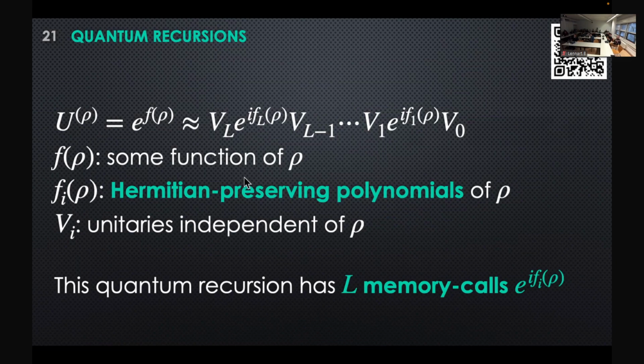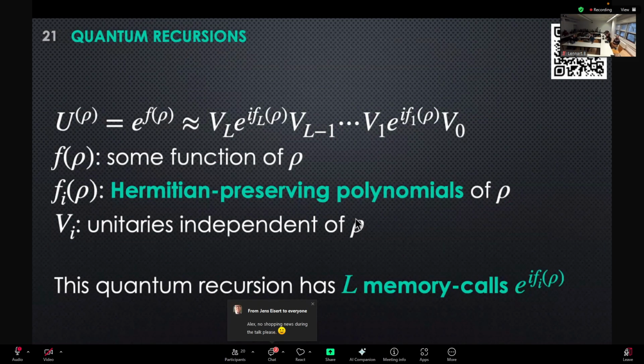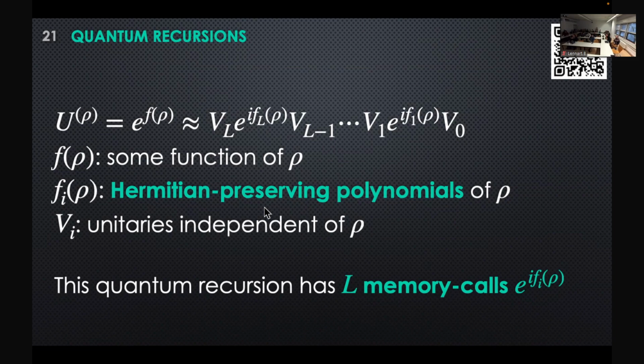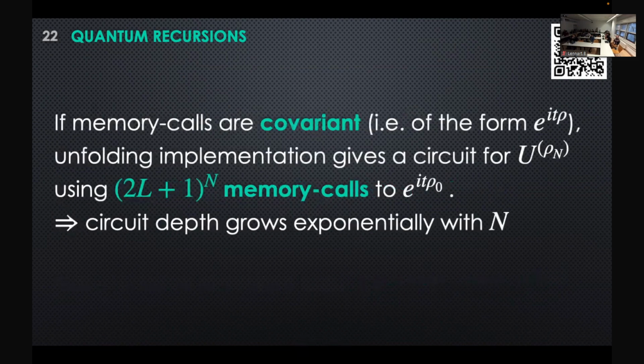The state-dependent parts are separated in this way: exponential of i f of rho, where f is some function of rho that is Hermitian preserving. If you can approximate in this form, we say this recursion has L memory calls, because each of these exponentials of i f_i of rho we call a memory call, and we have L of them for each recursion unitary.